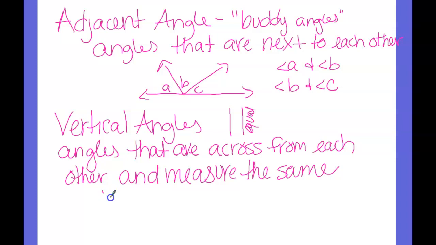Okay, so then I drew that X that you guys were showing me with your arms. And I labeled this guy over here A, up top B, C, and then the bottom angle is D.